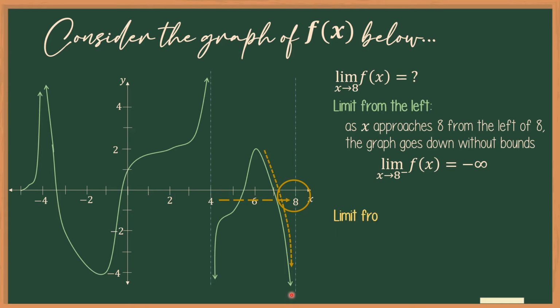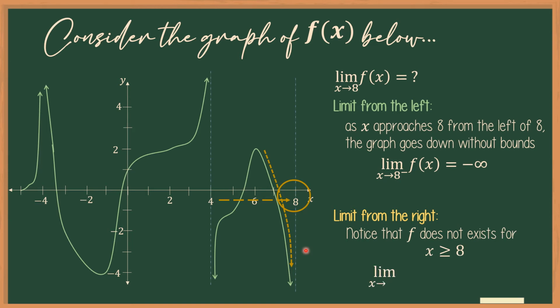Now for the right-hand limit, what do you observe? We do not have a graph at the right of 8. So we simply say that f does not exist for x greater than or equal to 8. Therefore, the limit of the function as x approaches 8 from the right does not exist.